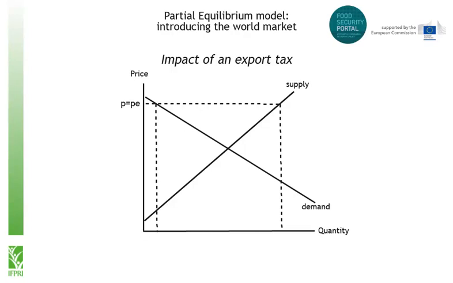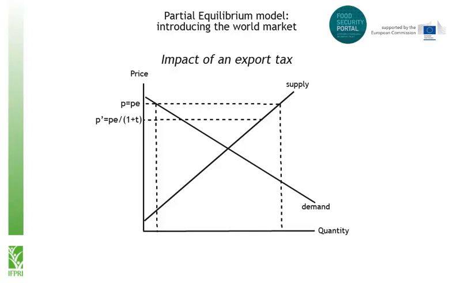So with a world price of PE, the local price has to decrease, because at P equal to PE, producers prefer selling on the local market since local sales are not taxed while exports are taxed. The augmentation of local sales decreases the local price until P prime is equal to PE divided by (1 plus T).